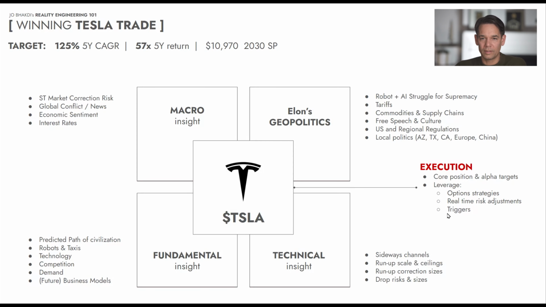So you put the right triggers into your portfolio. You put on the right option strategies that reflect your convictions that you derive from these 4 dimensions. And you have to make real-time adjustments all the time. That is basically the price you pay for achieving alpha.